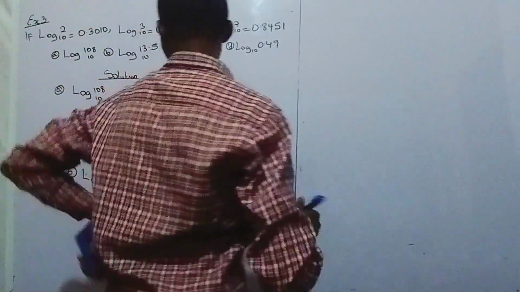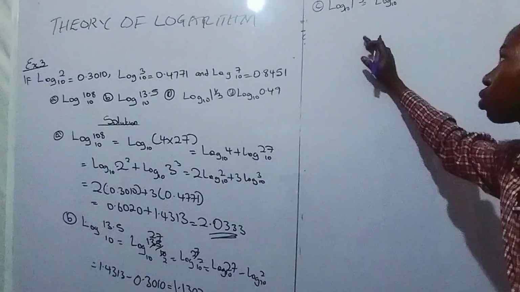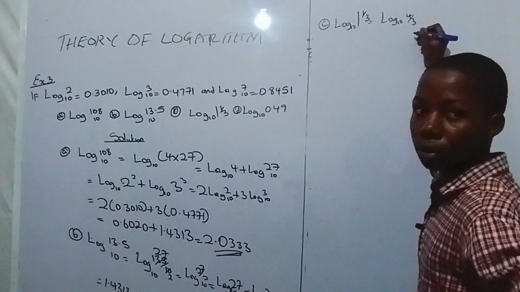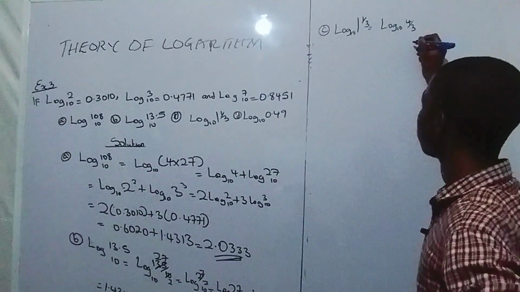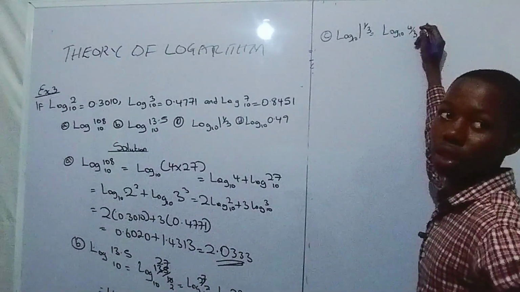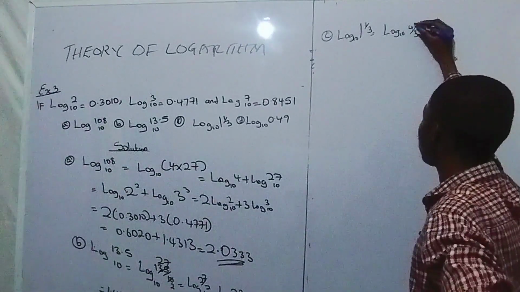That's that for that. Moving to the third example, convert the mixed fraction to an improper fraction. That is 3 times 1, 3, plus 1, that is 4 over 3. This is under log. Division here means what?